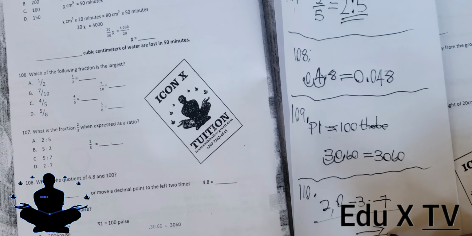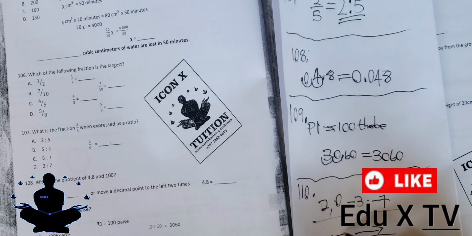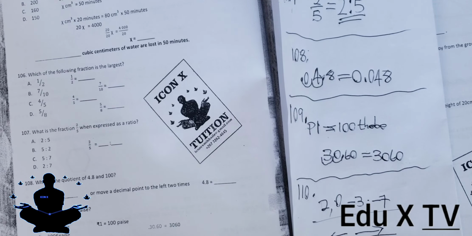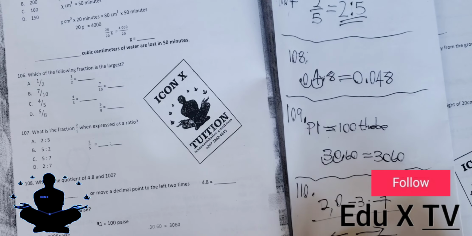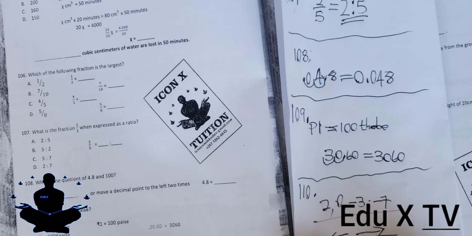When we are going this side, it becomes the biggest. When we are going this side, it will become the smallest. That is why we have -1, -2, -3.